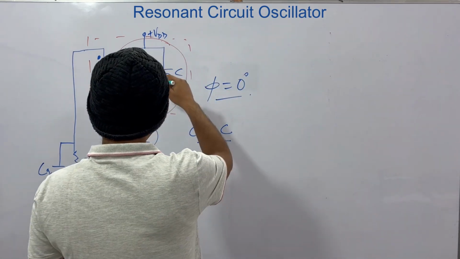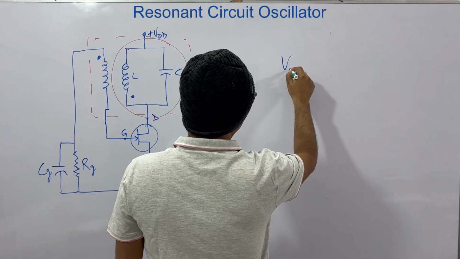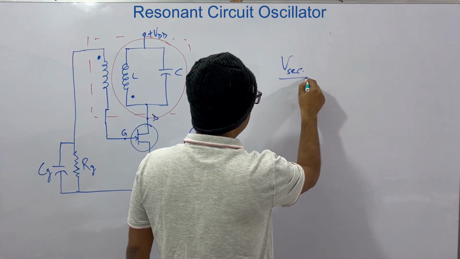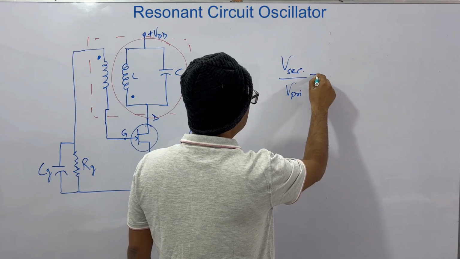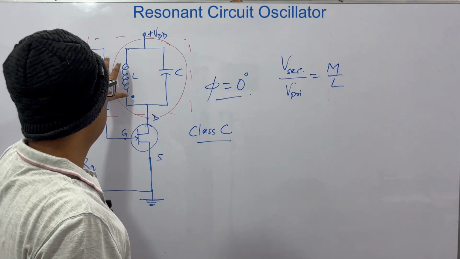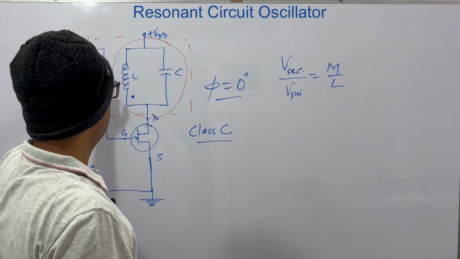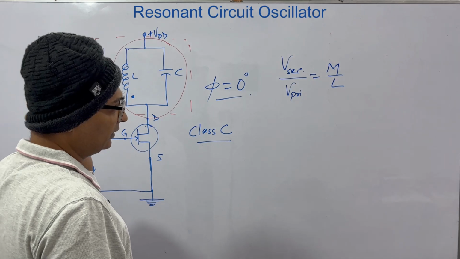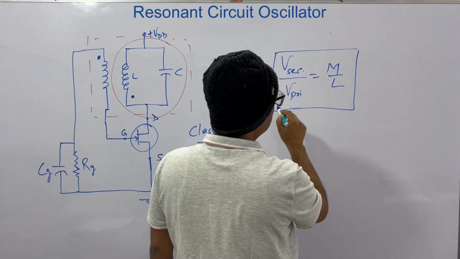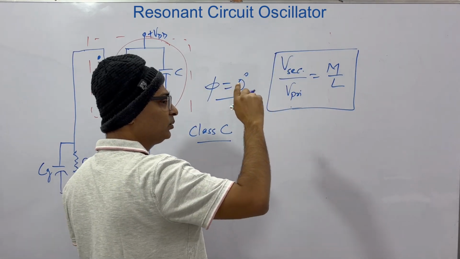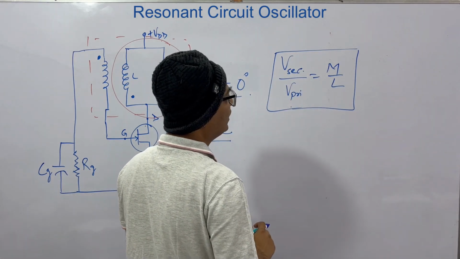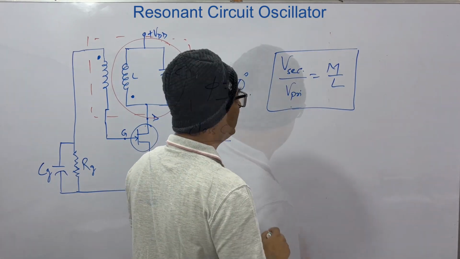If we consider this transformer, then V secondary to V primary is basically equal to M by L, where M is the mutual inductance between these two coils and L is the self inductance. The first expression to note was omega 0 equal to 1 by root over LC for the tuned circuit. The second expression you should remember is V secondary by V primary is M by L.